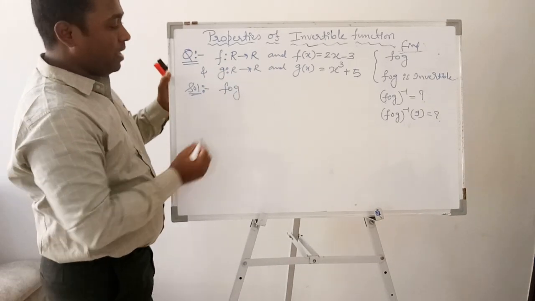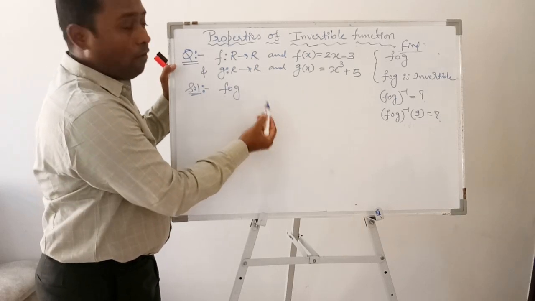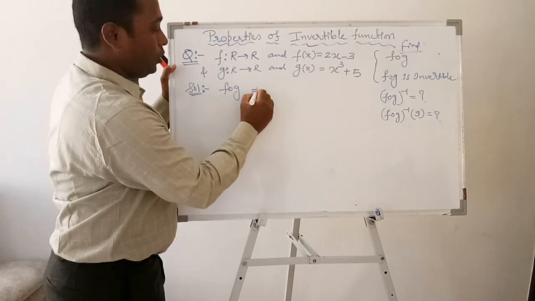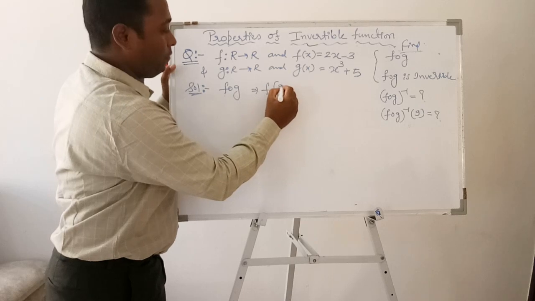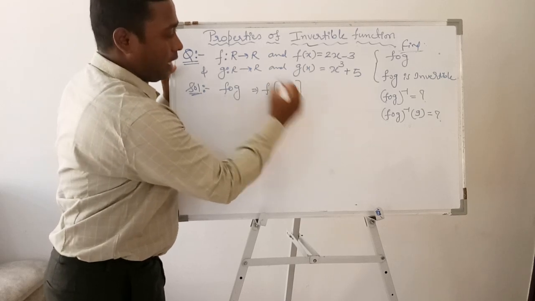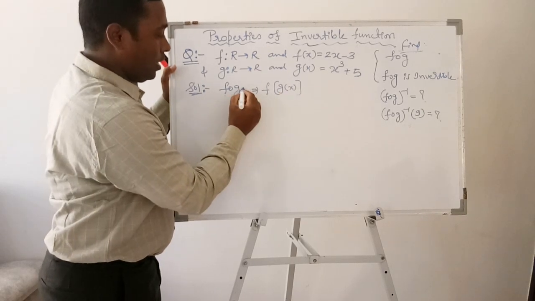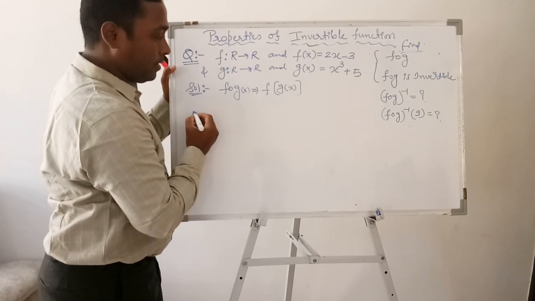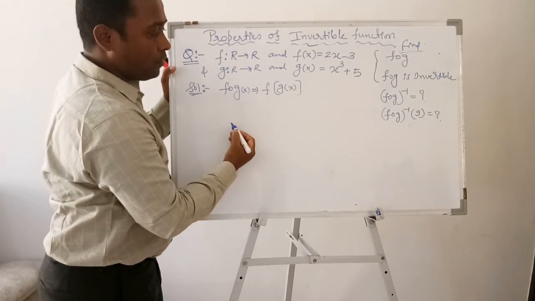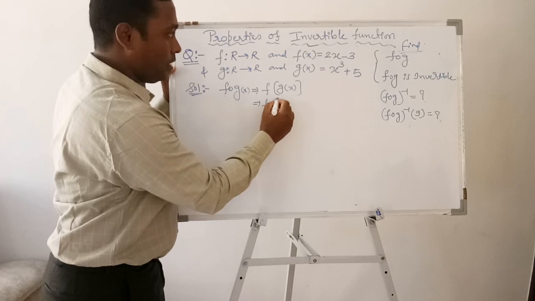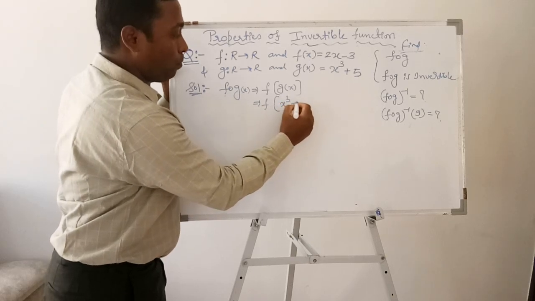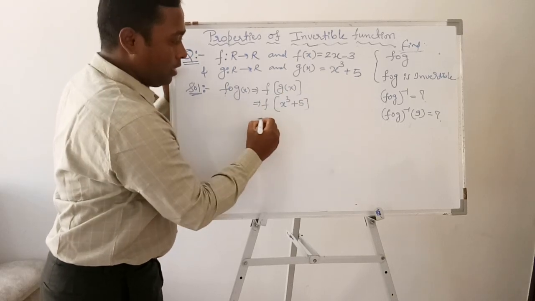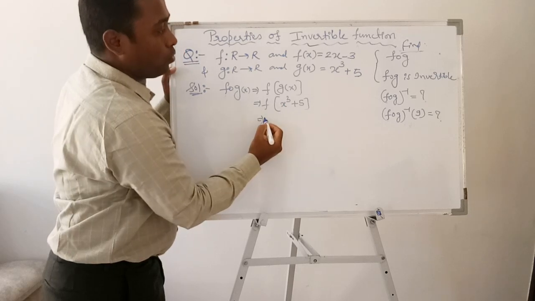And what does fog mean? f of g of x. So in short we can write fog of x, which implies f of g of x. And what is g of x? We have x cube plus 5, right? And then what is f of x cube plus 5?